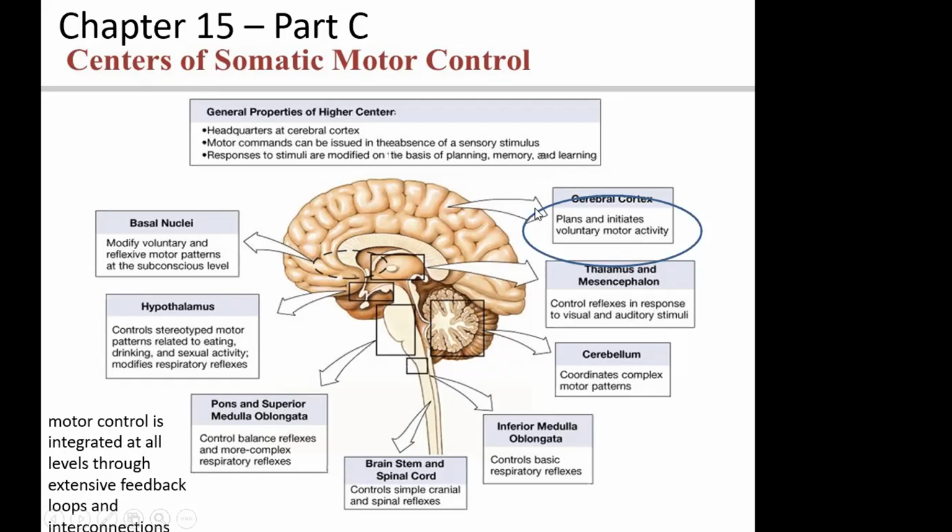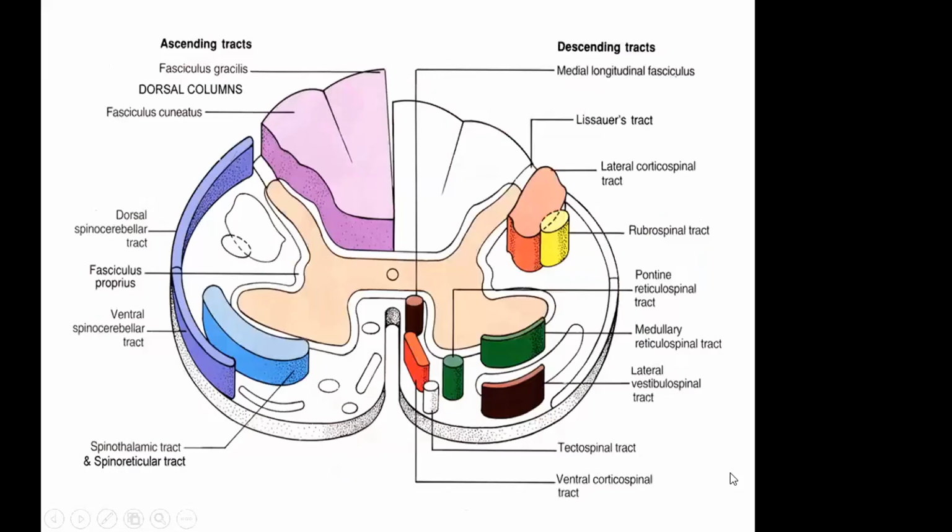It's not just the cortex, even though that's generally what we talk about the most because of that pre-central gyrus that houses the primary motor cortex. Yes, that does get referenced a lot, but as you can see here, other structures in the brain are also important in order to help carry out this motor activity efficiently. That's why you see all of these little arrows from different parts of the brain, because all of this is going to help with coordinating our motor output.